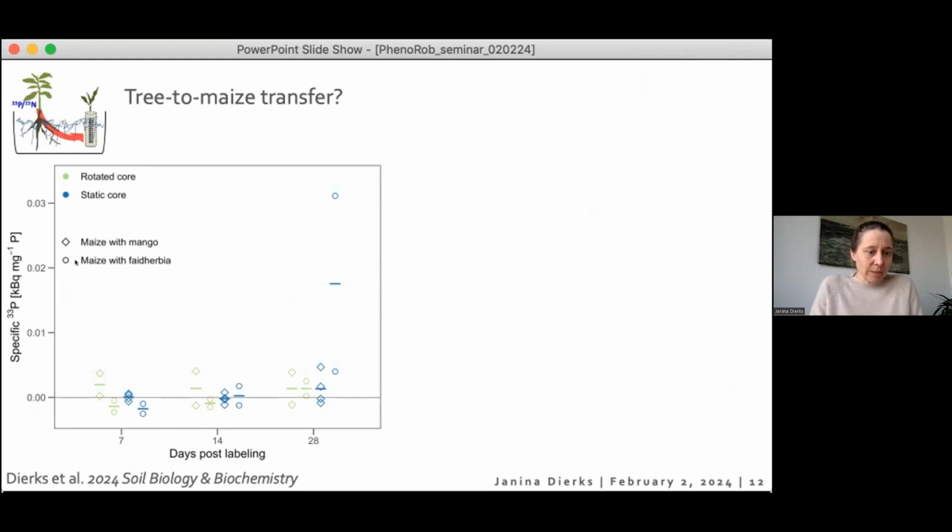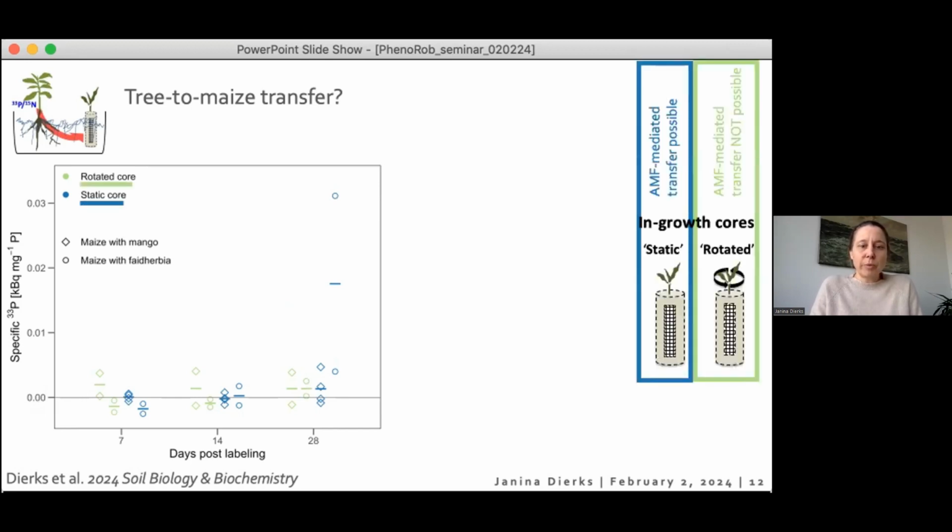The diamonds and circles represent maize grown with mango versus Phytoerbia. And the green shapes represent maize grown in rotated cores. So the green shapes show nutrient transfer that was not mediated by mycorrhizal fungi because we broke the hyphae by rotating the cores.